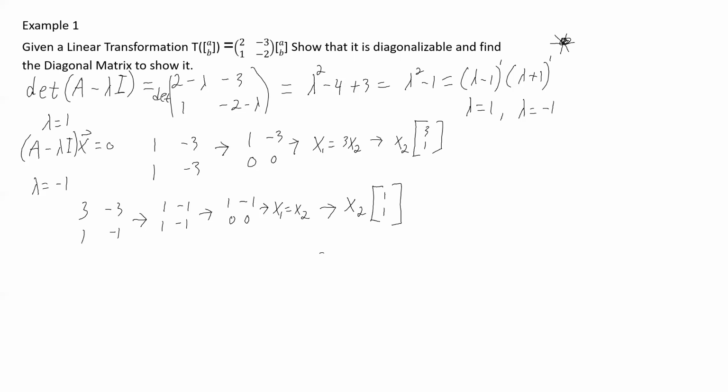Now, with the eigenvectors we have here, when we put them together, we get our eigenbasis, and we'll call that our S, which is 3, 1, 1, 1. And that is how we've shown our matrix is diagonalizable.